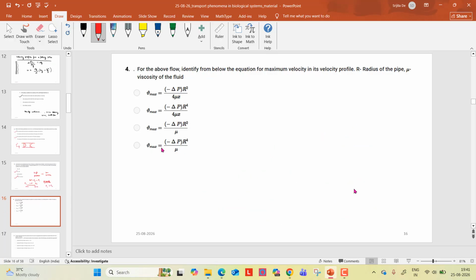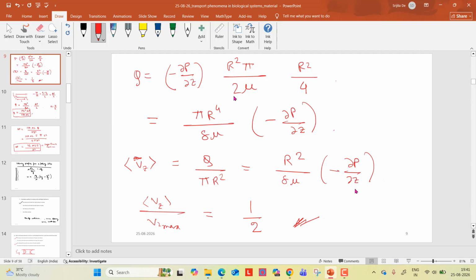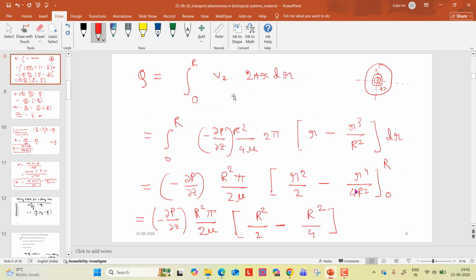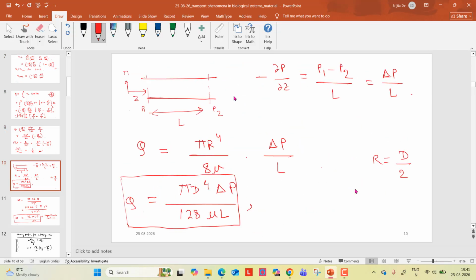For the above flow, identify from below the equation for maximum velocity in its velocity profile. R is the radius of the pipe, mu is the viscosity of the fluid. So we have just defined, for this pipe flow, we have calculated what is the Umax. So as you can see here, it is the R square by 4 mu and pressure drop.